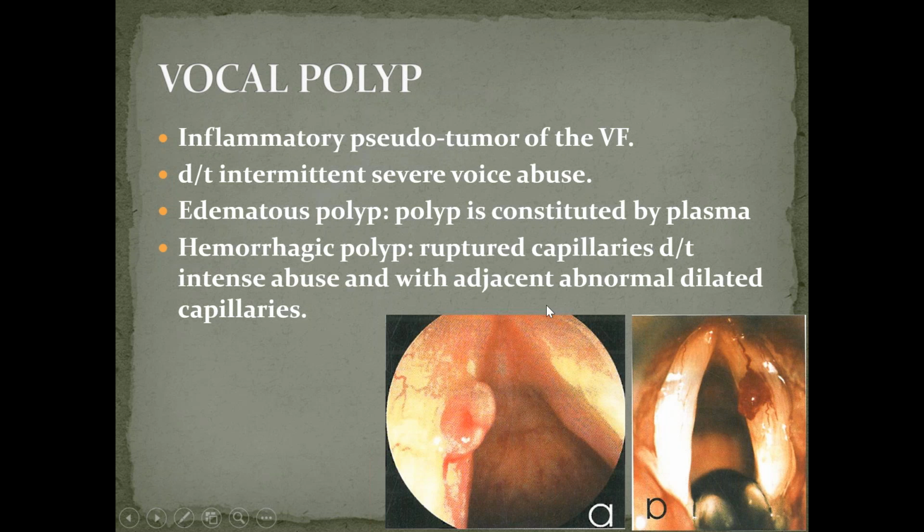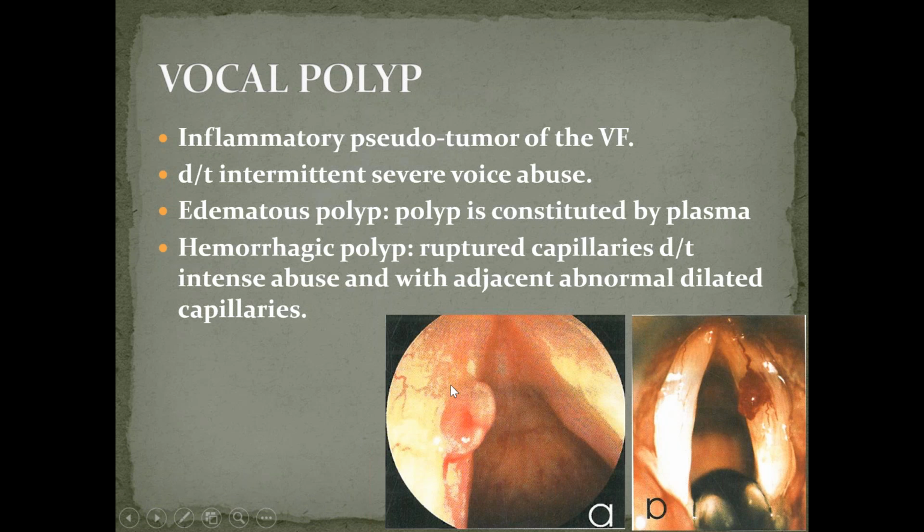This polyp is constituted by plasma. In the case of the hemorrhagic polyp like this, in severe intermittent voice abuse, there is a rupture of the microcapillaries in the submucosa and accumulation of blood in the submucosal layer. Then you will see the hemorrhagic polyps.